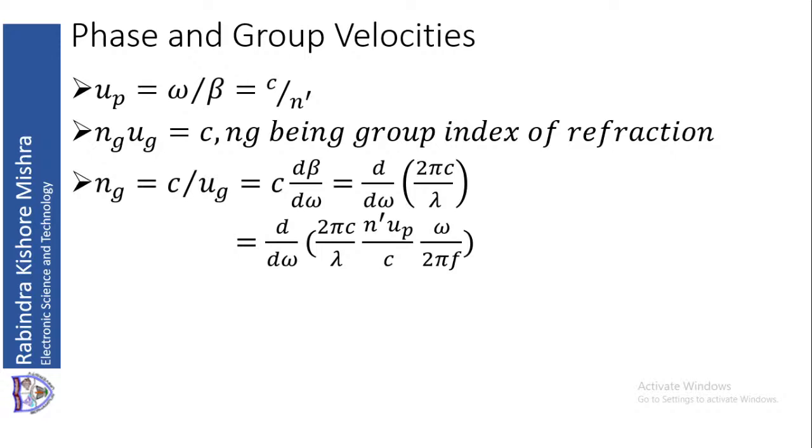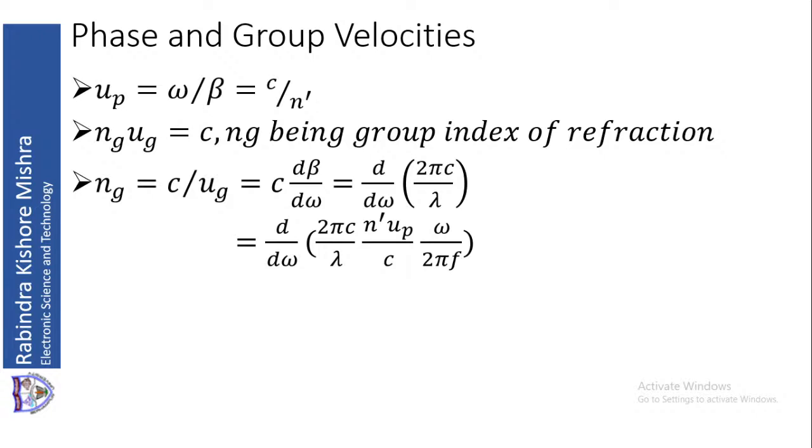That we can write as the differentiation with respect to omega of 2 pi c by lambda. c is independent of omega, so you can take c out of the differentiation. Then beta is 2 pi by lambda. So d by d omega of 2 pi c by lambda, that we can rewrite as 2 pi c by lambda remains as it is.